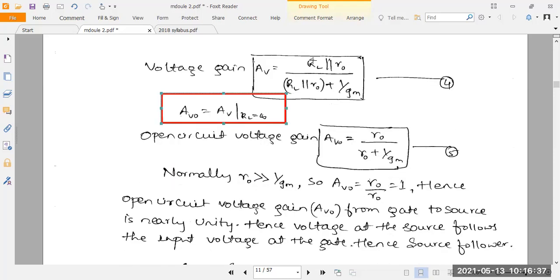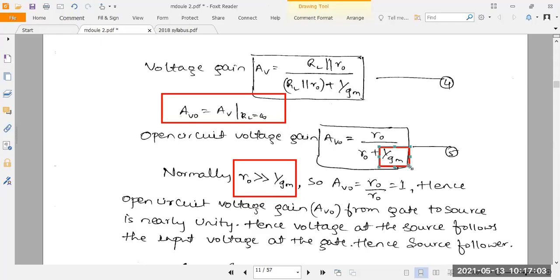Next, here the channel resistance is greater than the gate source resistance. Okay, channel resistance is greater than the gate source resistance here, means R0 should be greater than 1 by gm. Okay, for that to choose now AV0 is equal to 1, because R0 divided by R0 is 1, and 1 by gm you neglect here.